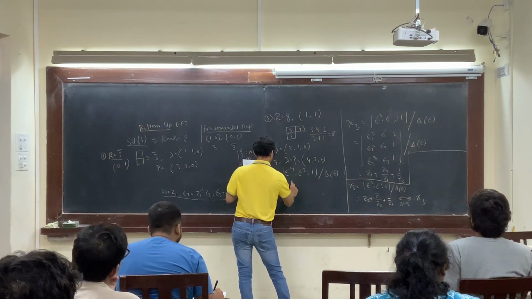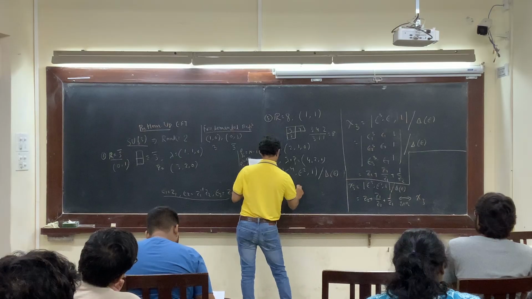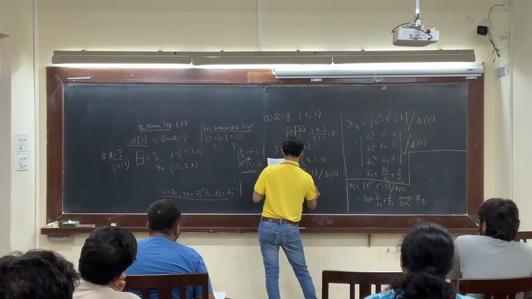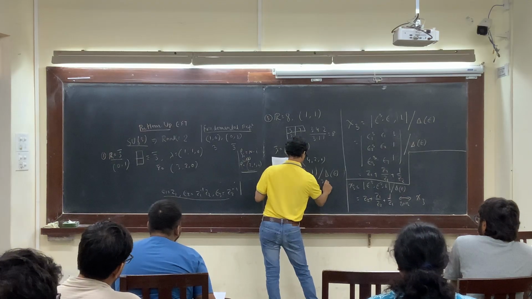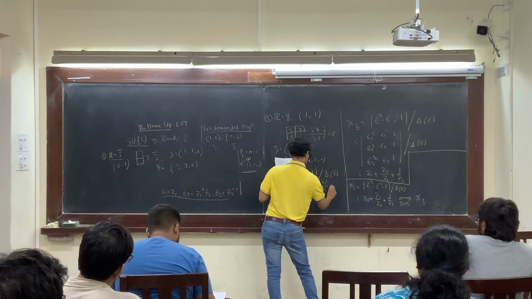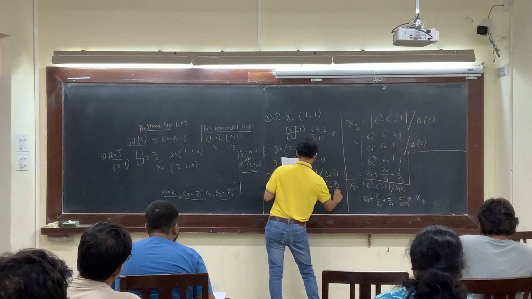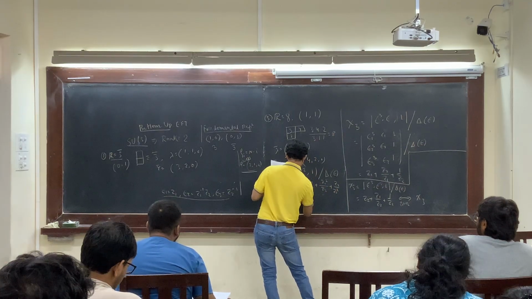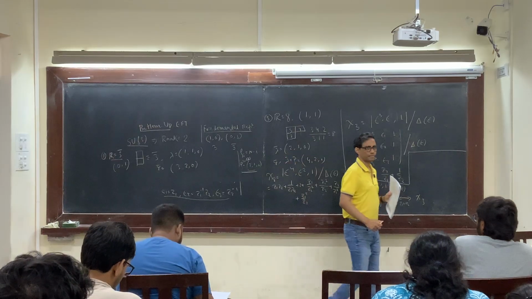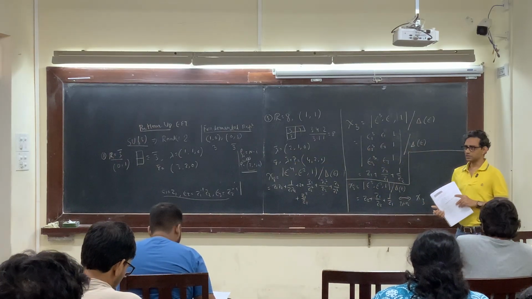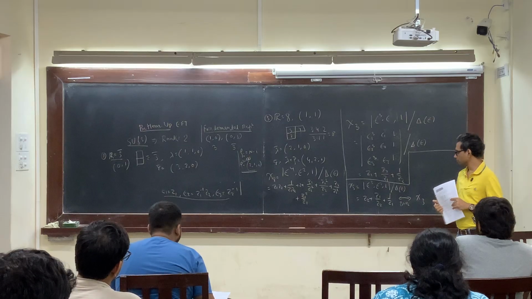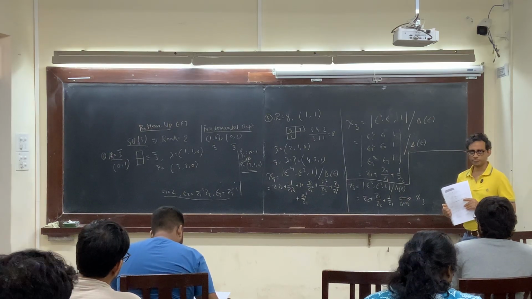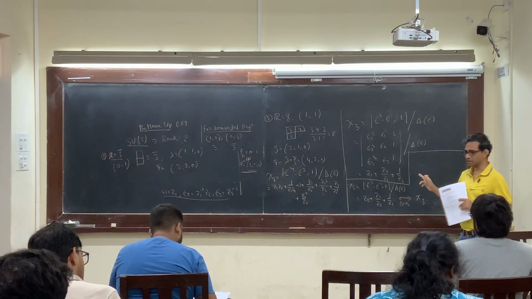Z1 Z2 plus 1 by Z1 Z2 plus 2 plus Z1 by Z2 square plus Z1 square by Z2 plus Z2 by Z1 square plus Z2 square by Z1. This is a very convoluted, complicated function of Z1, Z2. So you must check all this result.